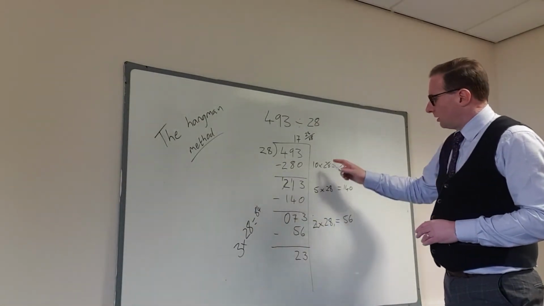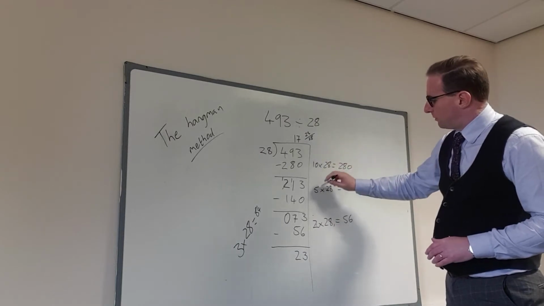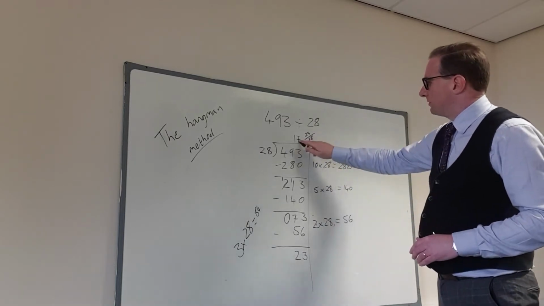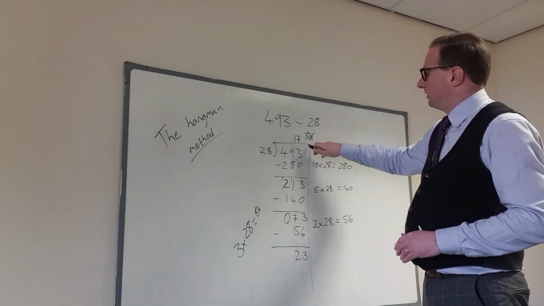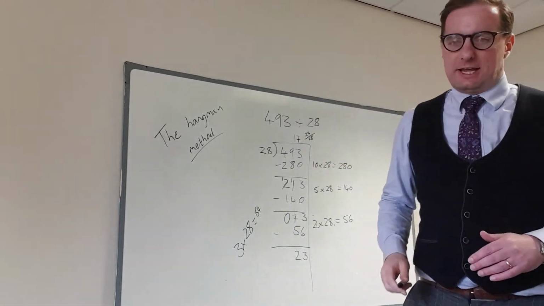So we're happy with the fact that we've broken it down this many times. We've got 10, we've got 5, we've got 2, and we've got 17 and 23 28ths. The reason we've done that is because we'll end up with a longer calculation at the end.